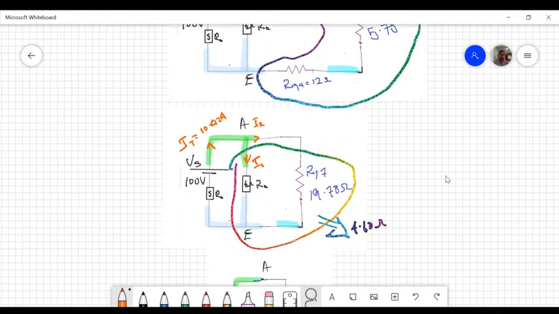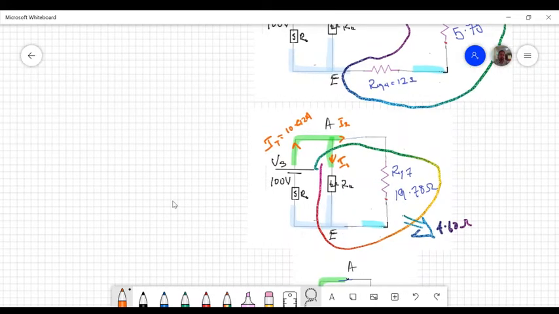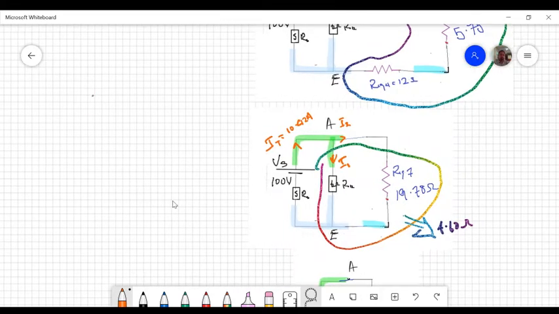Now, pro tip. Notice we have here the main current is splitting into 2 branches. This gives us an opportunity to use something called the current divider rule. So the current divider rule is when we have one current being split into 2 branches like this.